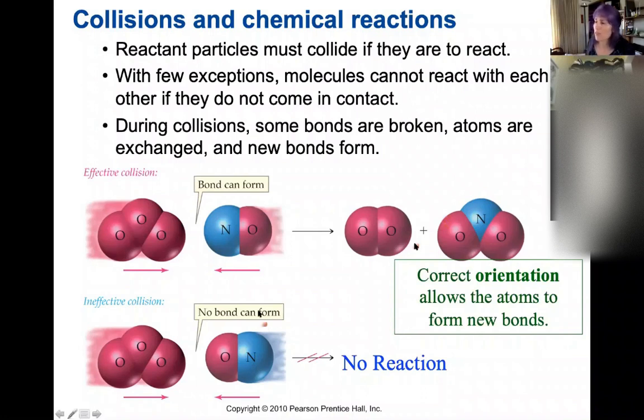So if they collide like this with the oxygen pointing towards the oxygen, they could have a collision that is strong enough to break the bond. But because of the orientation, they just reform the original reactant. It doesn't go to products.